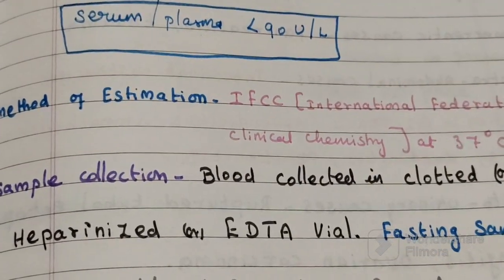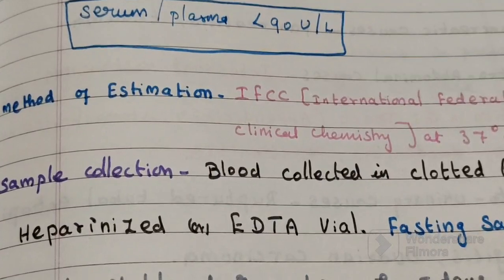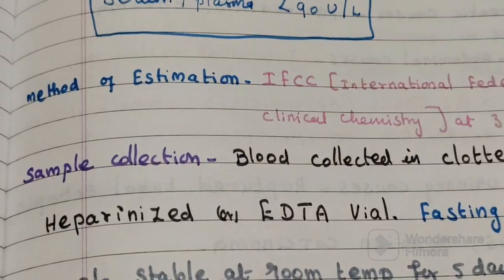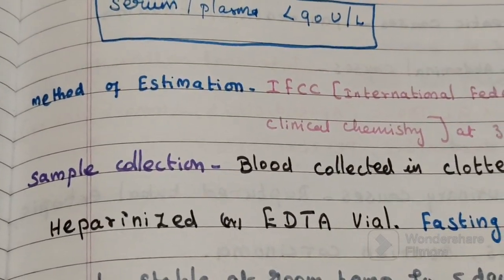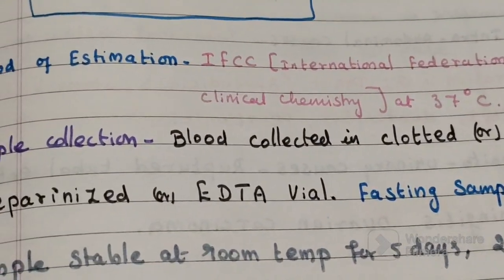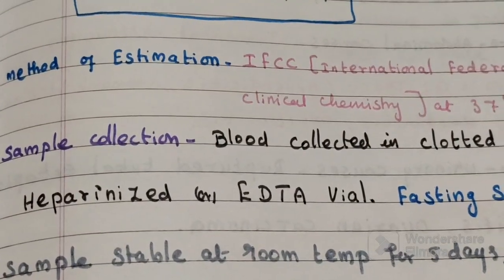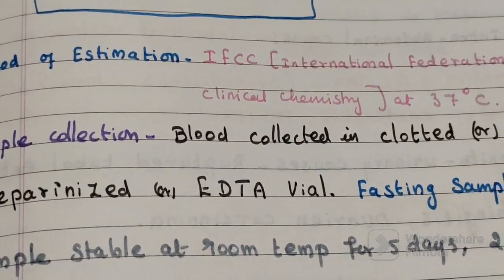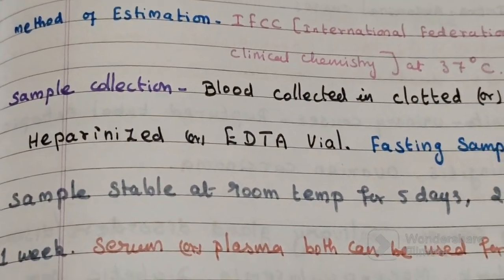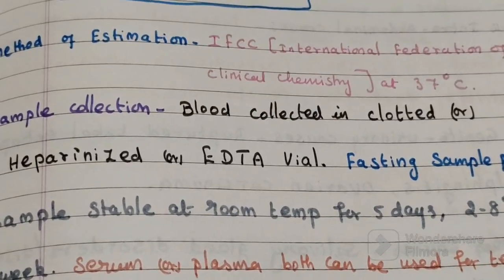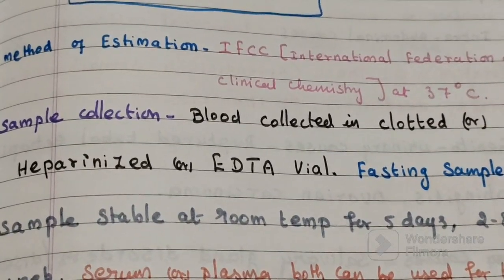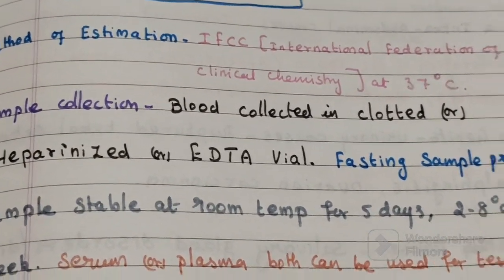Blood is collected in a clotting tube or heparinized tube or EDTA vials. Fasting sample is preferred. Sample is stable at room temperature for 5 days. If kept at 2 to 8 degrees, for 1 week.